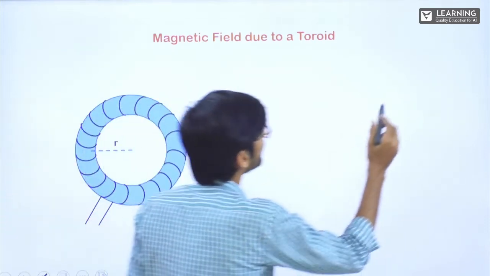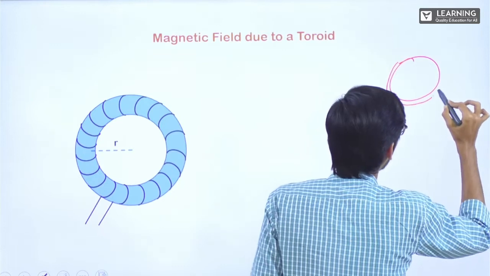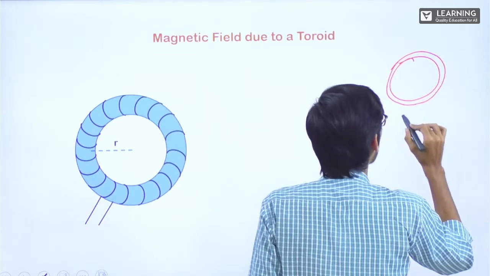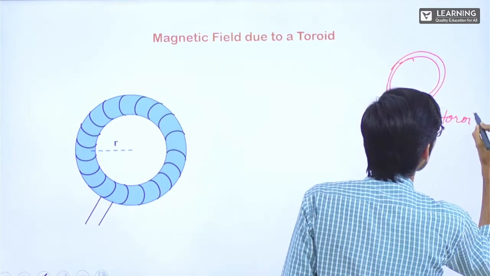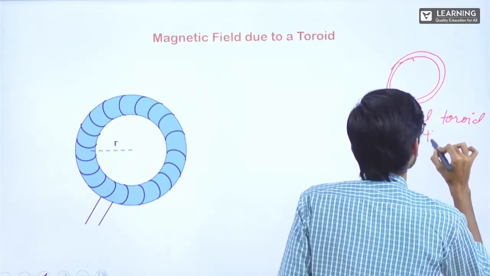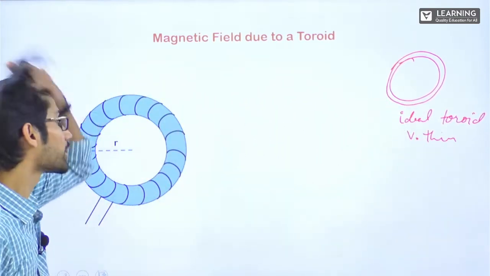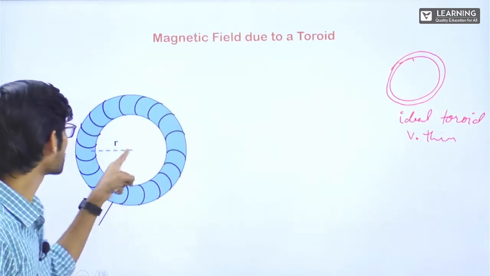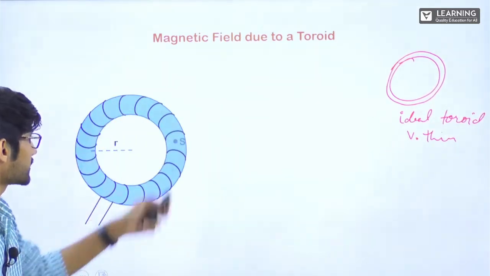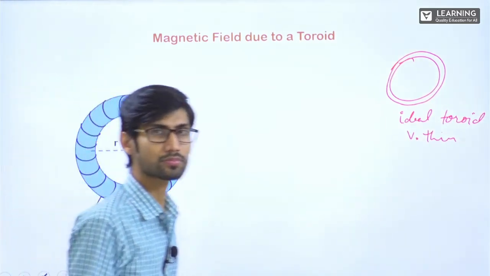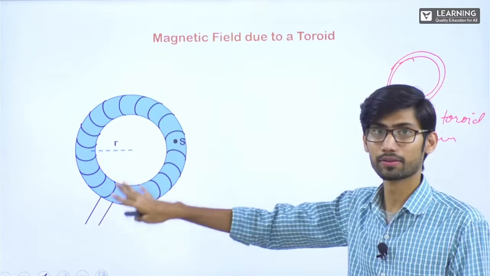If you want, I'll draw an ideal toroid. Very thin. Clear? So there is no problem in taking R. From center till anywhere, it is R. Let's say there is a point S inside this. At this point, it is inside, not outside.